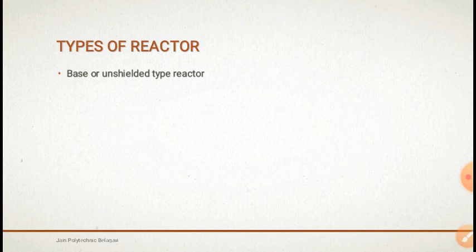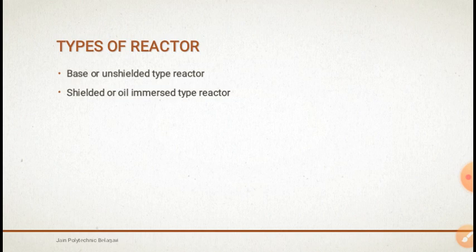There are two types of reactors which we can see. The first one is the base or unshielded type of reactor. In this, circular coils or bars of stranded copper are embedded in a number of specially designed concrete slabs. The next one is the shielded or oil immersed type reactor.